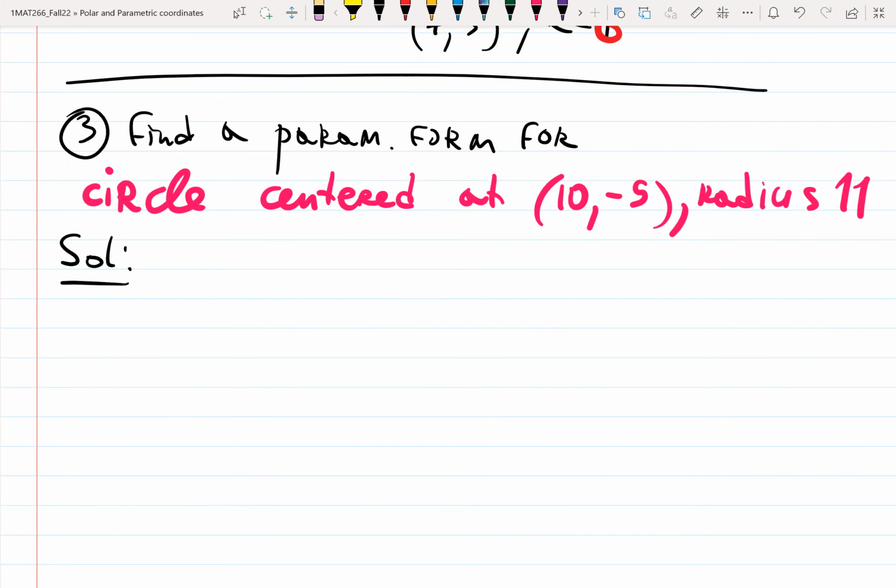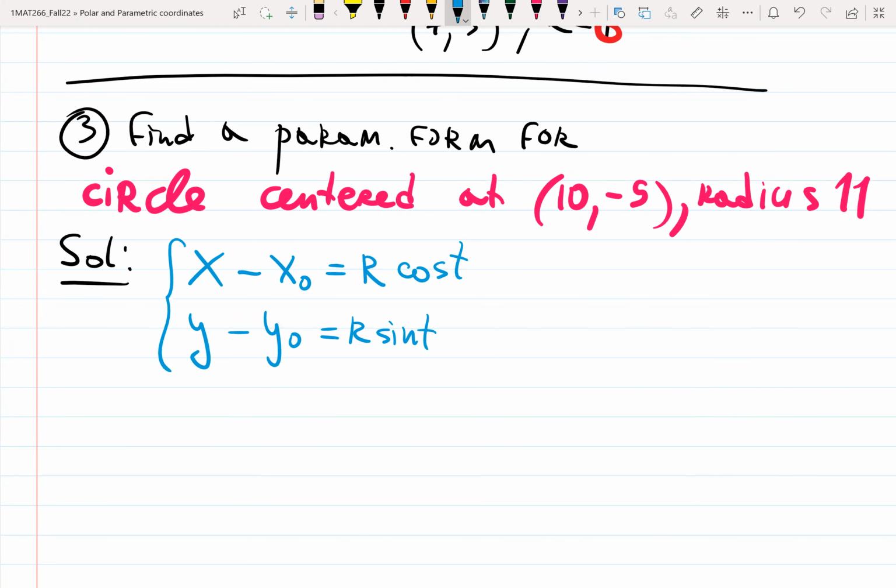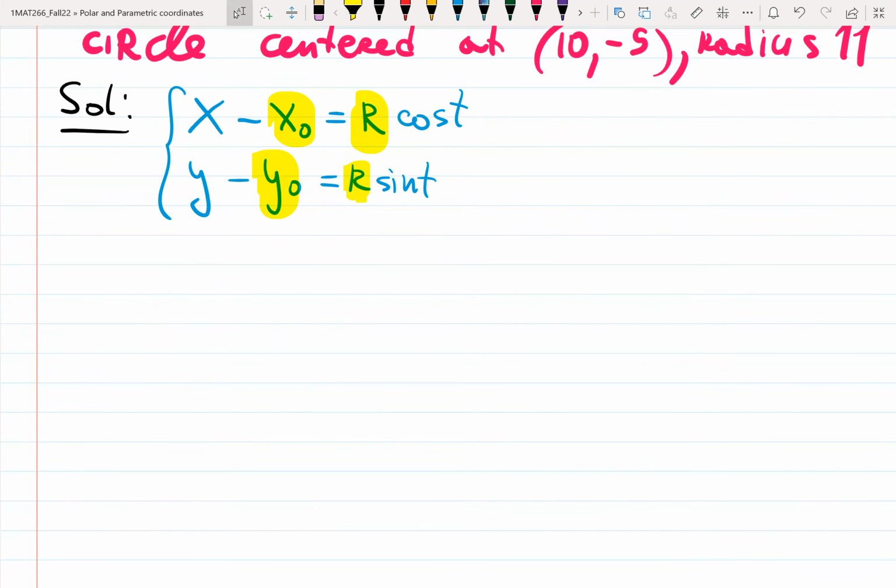Basically, the formula is: x minus center equals radius r cosine t, y minus center equals radius r sine t. Cosine goes first, but don't worry, we're not going to bother you about the order on this test. The most important part is to know where the radius is and where the center is.